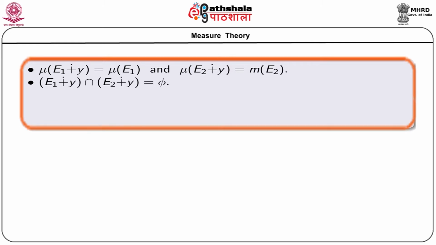Now, we claim that the sets E1 plus-dot y and E2 plus-dot y are disjoint. Why?